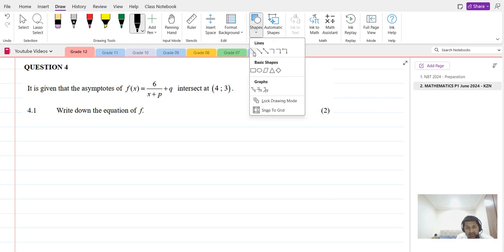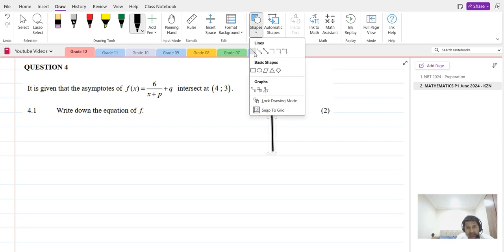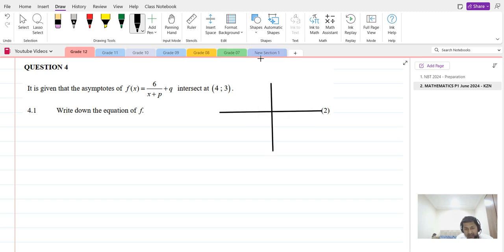So if the asymptotes intersect at 4 and 3, then we have a horizontal asymptote at y equals 3, and a vertical asymptote at the x value of 4.